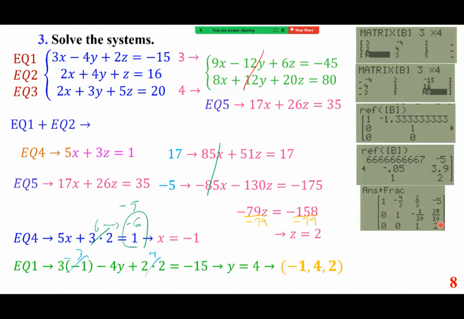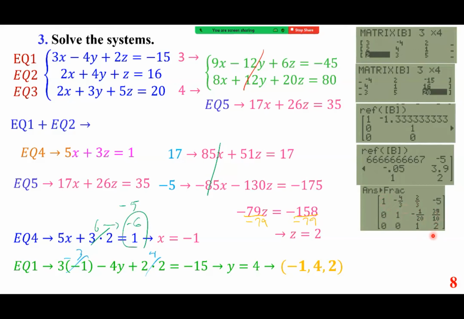And so if you look at this very last row, this means 0x plus 0y plus 1z equals 2, therefore z becomes 2. Now this means 0x plus 1y minus 1/20 z equals 39/10. This means 1x minus 4/3 y plus 2/3 z equals minus 5.